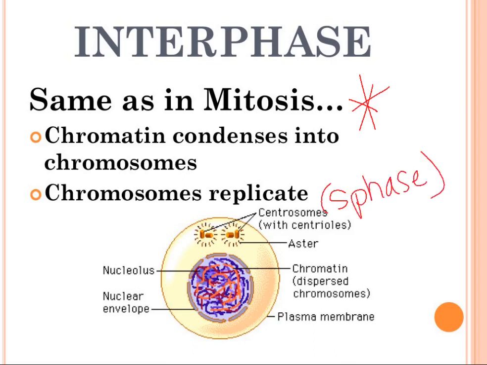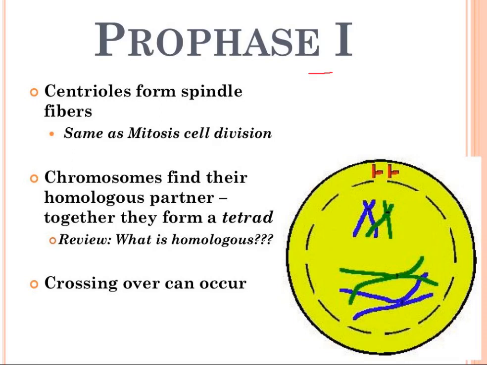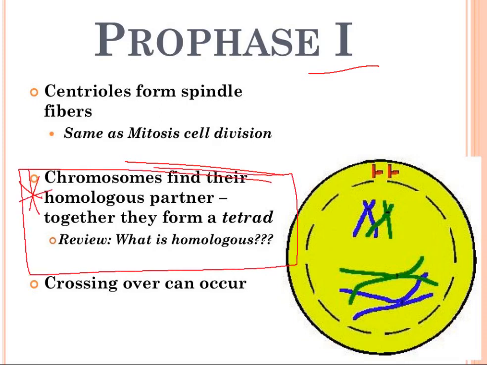So first up, we have prophase 1. Very important when you're taking a quiz on meiosis or on the test: if you don't have that Roman numeral, it's wrong. Because if you just see the word prophase, you know it's mitosis. If you see a 1 or a 2, you know it's meiosis. Same thing as in mitosis, the centrioles start to form the spindle fibers, but big difference here: the chromosomes find their homologous partner.